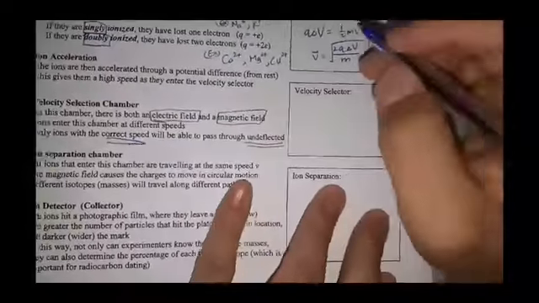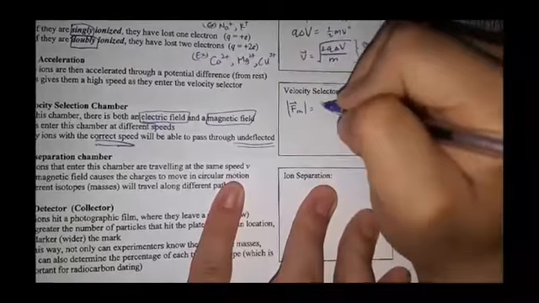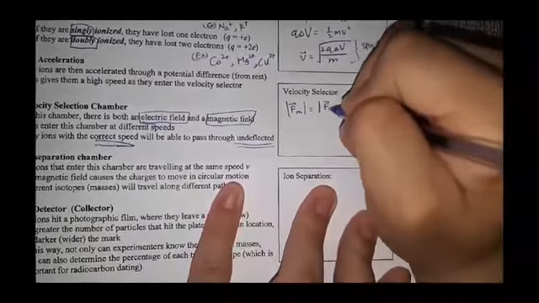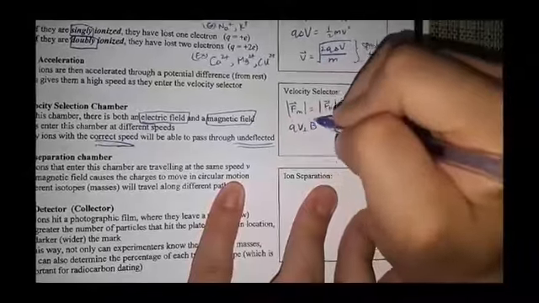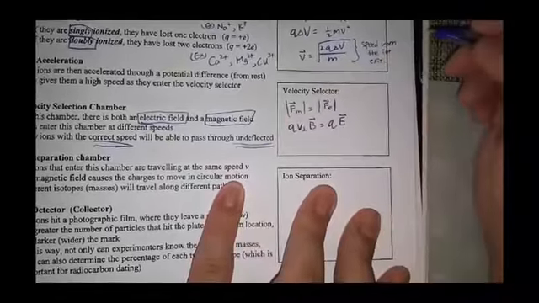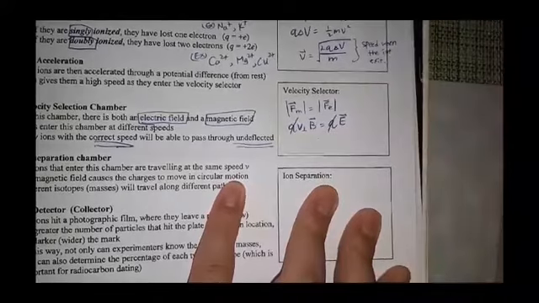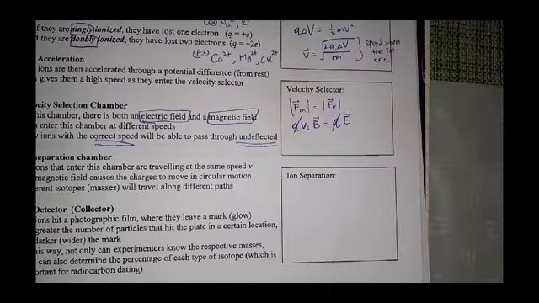The way you can find it mathematically is that Fm should be equal to Fe. Fm is qvB, and Fe is qE. So you may notice that the charge cancels. This is one of the main reasons why the mass spectrometer is really useful, because in the process of the ion generation chamber, you don't always make a single electron or double electron loss.